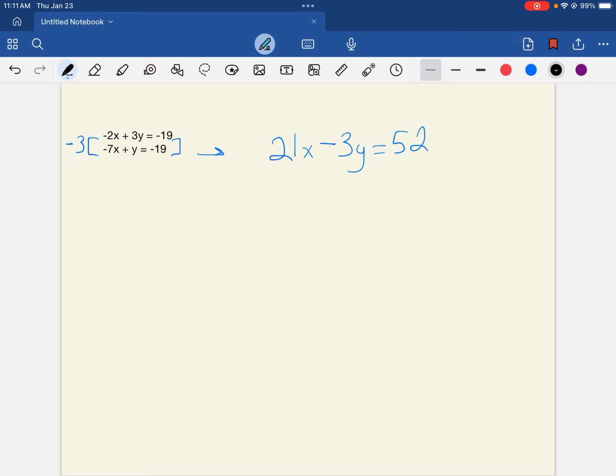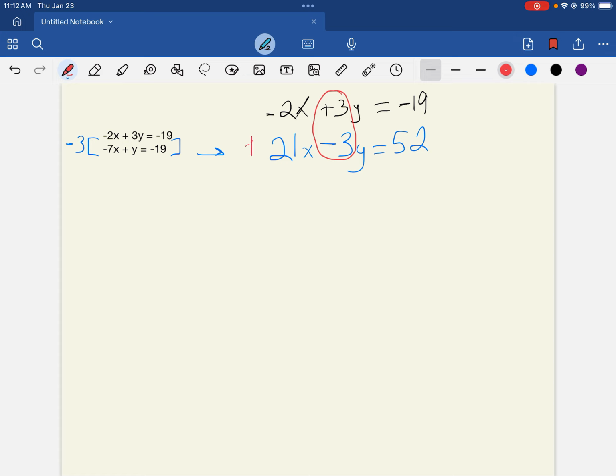Now, this is kind of an error prevention thing. I'm also going to take that other equation and write it on top of this equation so that everything that I'm about to be doing is nice and organized and aligned for me. Now that I have my problem set up, we can look at that and go, yes, my y's are going to eliminate or cancel out. 3 minus 3 is 0.